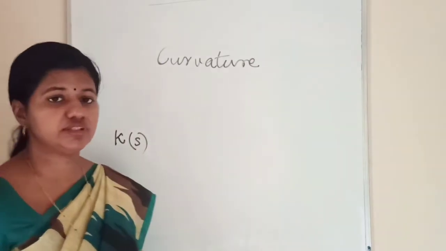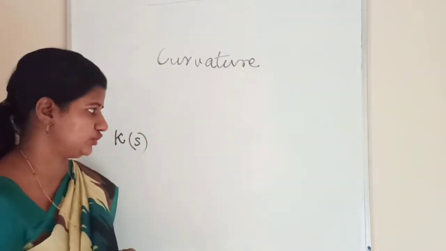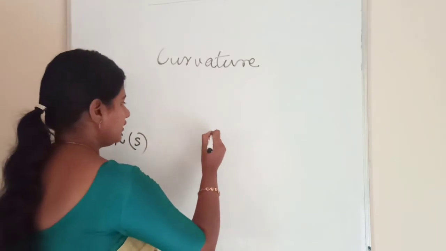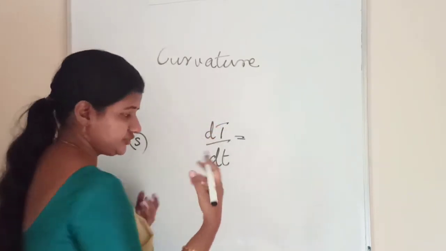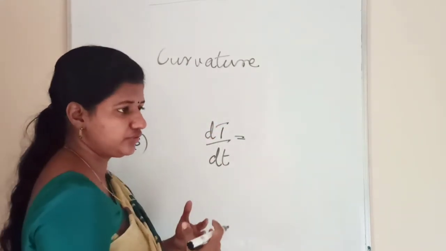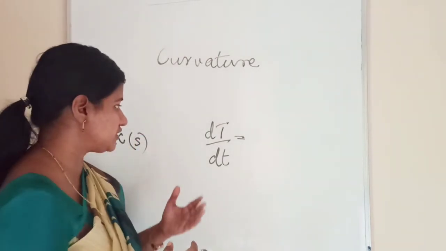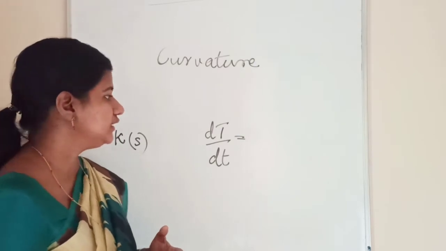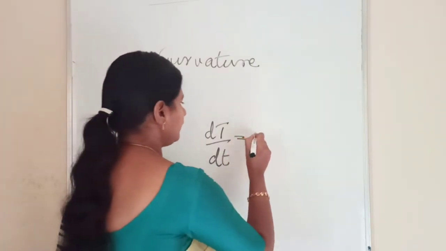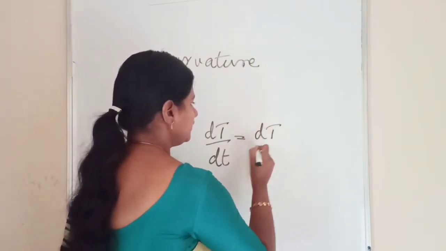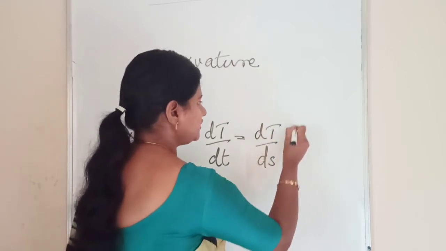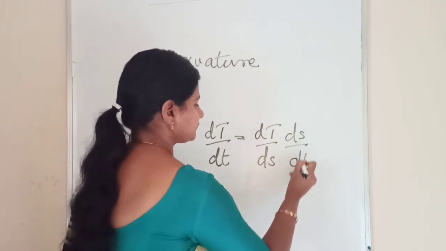We can represent this kappa in terms of t also. S is a function of t. If R of t is an arbitrary parameterization, we can take the arc length parameter S as a function of t. Then dT by dt can be evaluated as dT by dS times dS by dt.